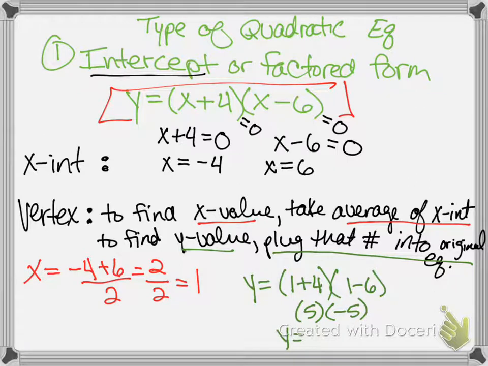So my y value of the vertex is a negative 25. So my final vertex, my x value is 1. My y value is negative 25. So this is how you want to find the vertex when you are given intercept or factored form.